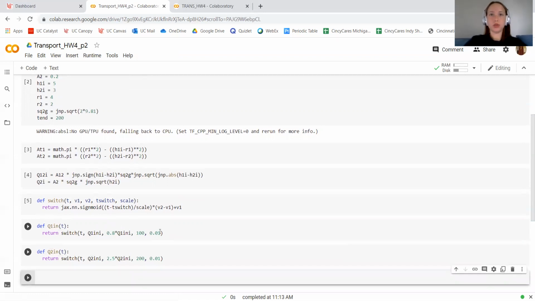So now we want to insert the differential equations found in part one for the flow rates with change in height with respect to time. So that was the right-hand side of our equation.